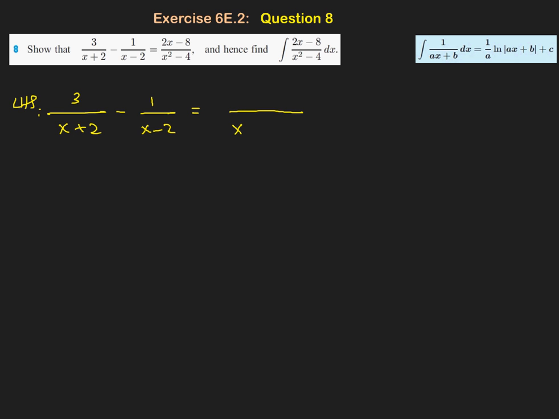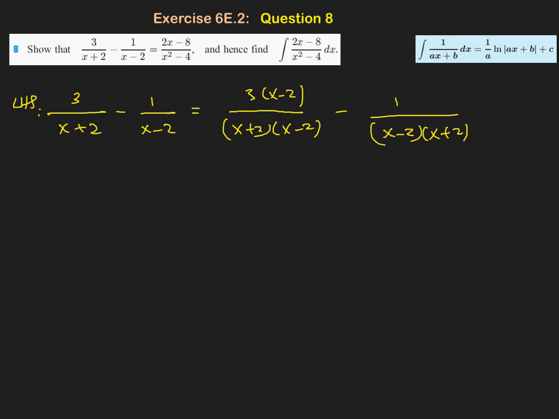The common denominator is x minus 2 times x plus 2. So the first rational expression, I multiply by this, to make sure they have the same denominator. And as for this one, x minus 2, I'm going to multiply by x plus 2. So now notice that both terms will have the same common denominator.